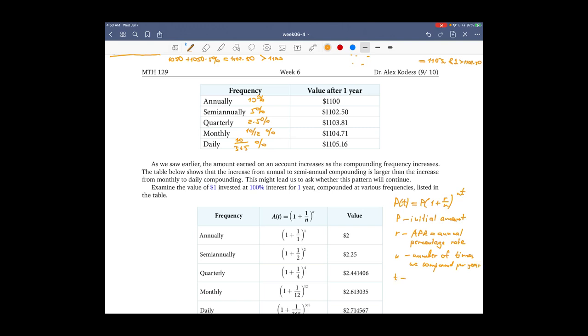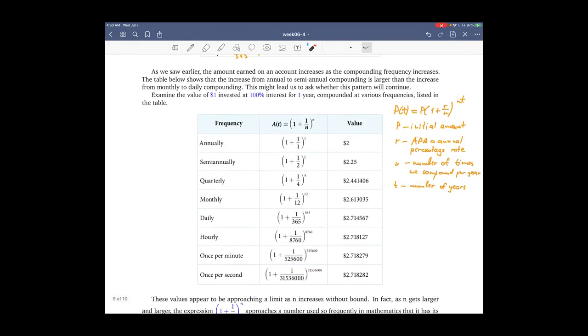And T is the number of years we invest for. So in our situation, P is 1, let's say we invest for 1 year, so T is 1, and let's say the annual percentage rate is 100%, so R is 1. We are only interested in analyzing what happens when N increases without bounds.